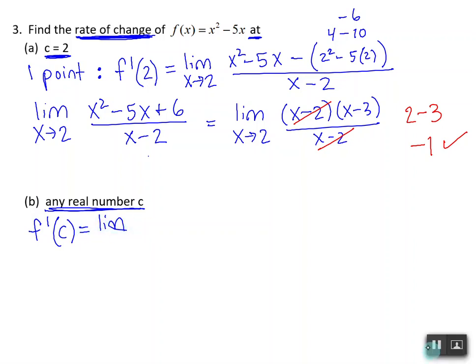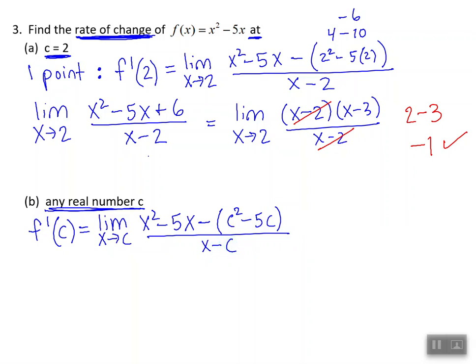The limit as x approaches c of our function x squared minus 5x minus our function with c plugged in, c squared minus 5c, over x minus c. If we get rid of the parentheses, that would give us the limit as x approaches c of x squared minus 5x minus c squared plus 5c over x minus c.